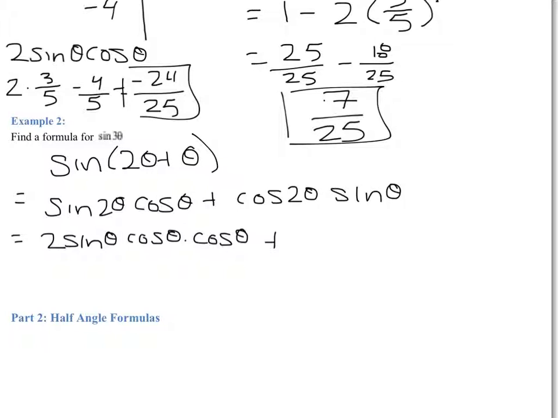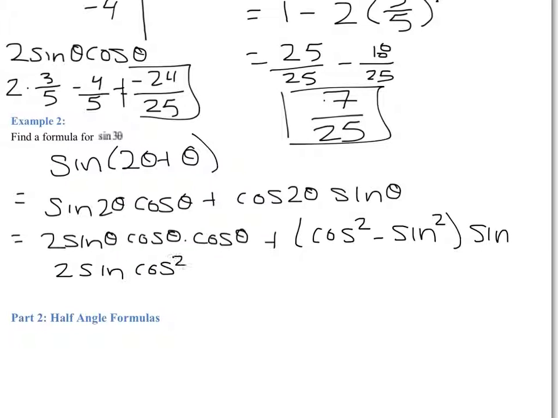So this gives us cosine squared minus sine squared times sine, and this is 2 sine cosine squared plus sine times cosine squared minus sine squared.